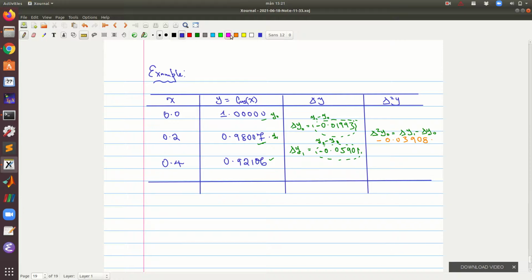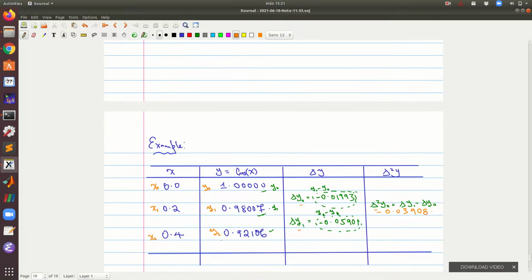Maybe I'll write some of these things down for us to remember. This is our x0, this is our x1, this is our x2, this is our y0, this is our y1, this is our y2. This we have already written, and this is okay.